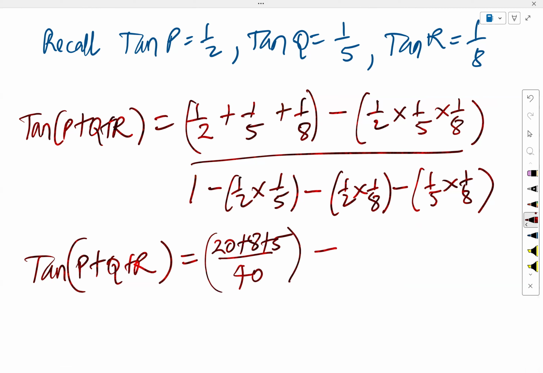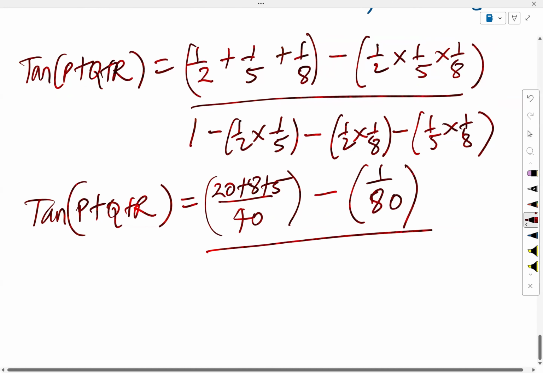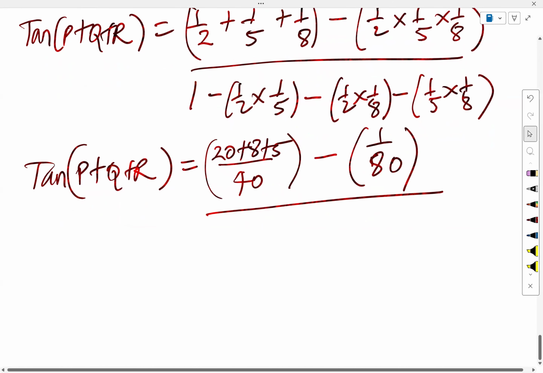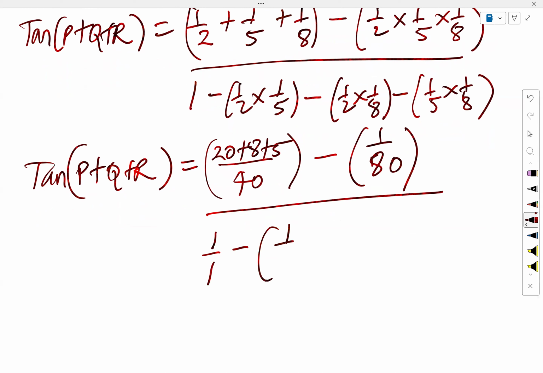So for this now, we have this here minus. Again, if you multiply out all of this, you have 1 over 2 times 5, 10. 10 times 8 is 80. So you have 1 over 80 for the other side. And then here you have 1 over 1 minus 1 over 10, then this is 1 over 16, that's 1 times 1, 2 times 8.